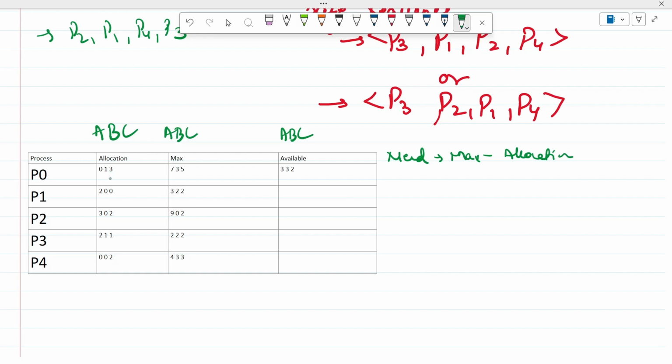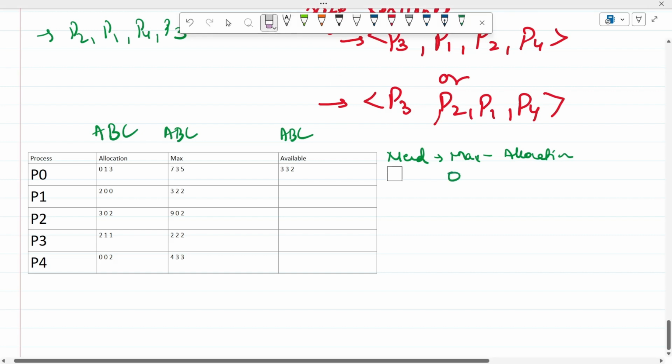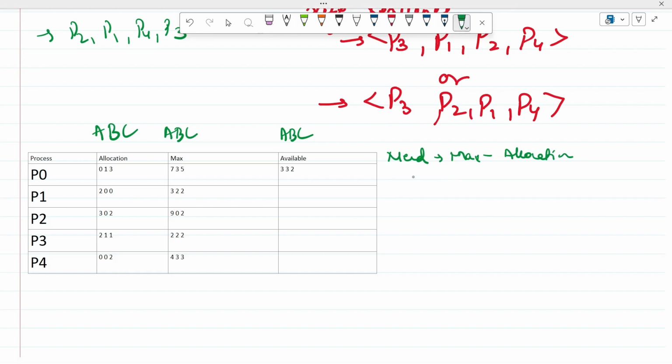It already has 0, and it needs 7. So you can write it as A, B, C. For P0 we need 7 of A. For B we need 3, and it already has 1, so the need is what?